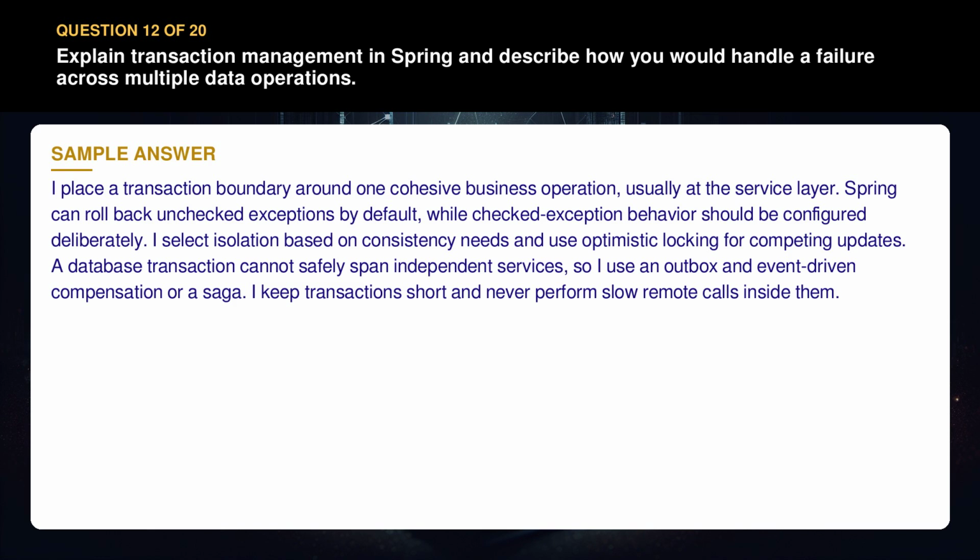Spring can roll back unchecked exceptions by default, while checked exception behavior should be configured deliberately. I select isolation based on consistency needs and use optimistic locking for competing updates. A database transaction cannot safely span independent services, so I use an outbox and event-driven compensation or a saga. I keep transactions short and never perform slow remote calls inside them.